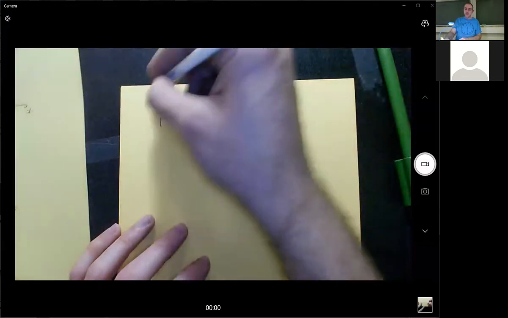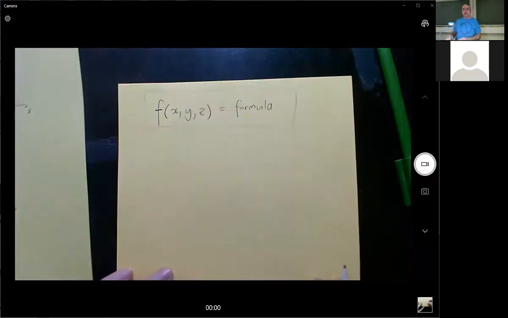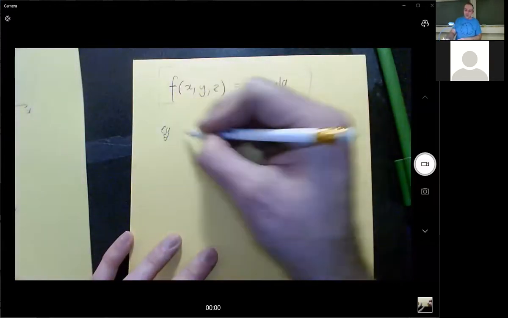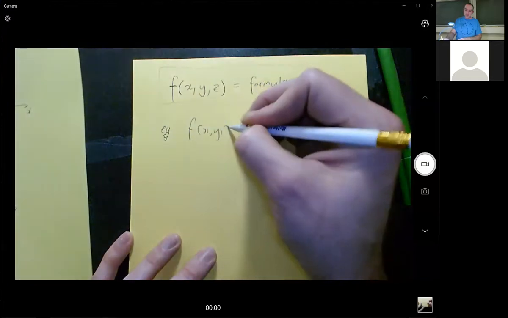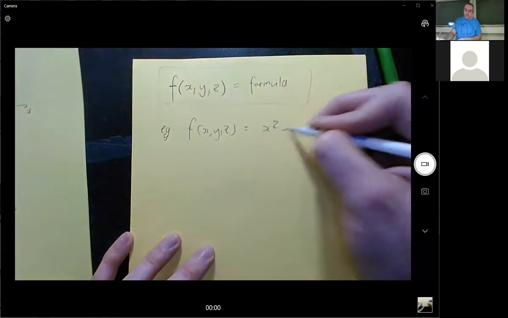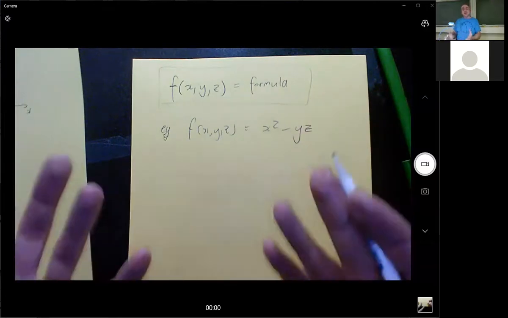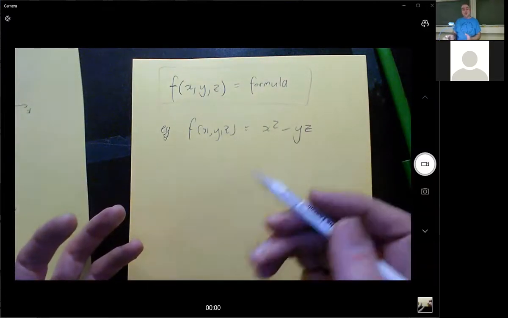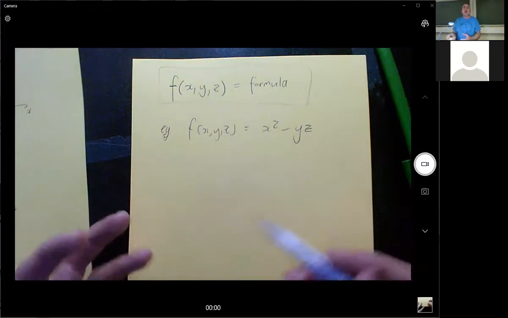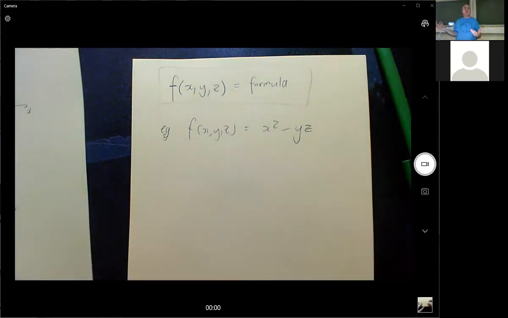So this is what you'd normally see. So for example, you'd see something like that. And what this is saying is that if you pick a point in 3D space and sub it in, it'll give you an answer. And every point has an answer.